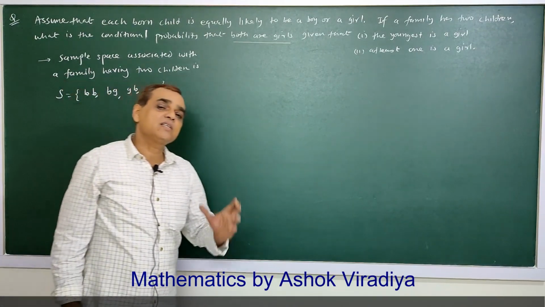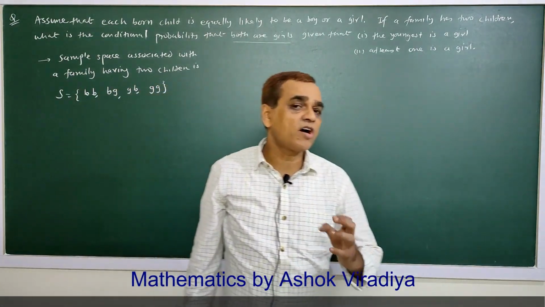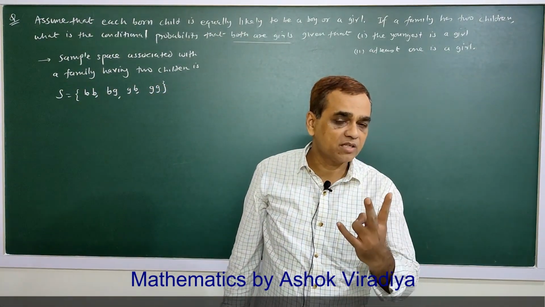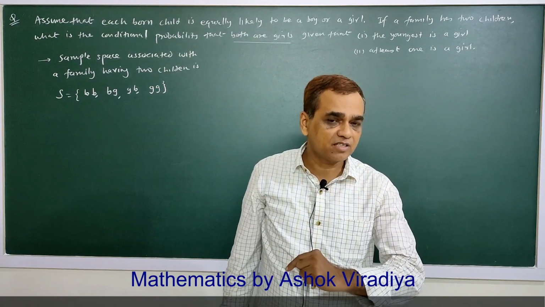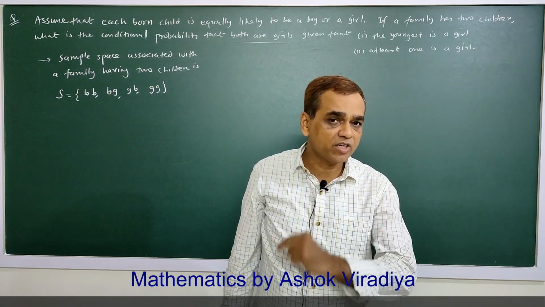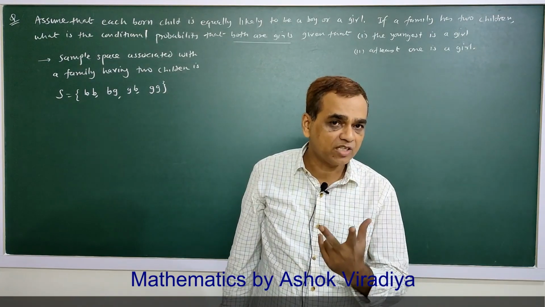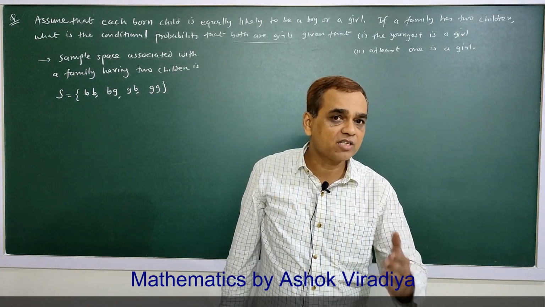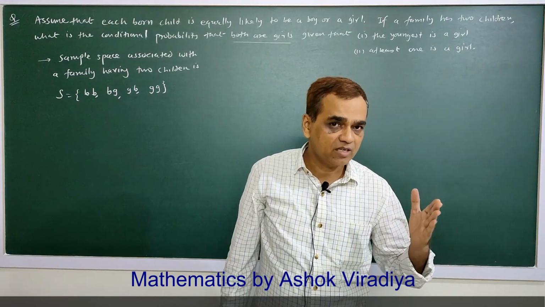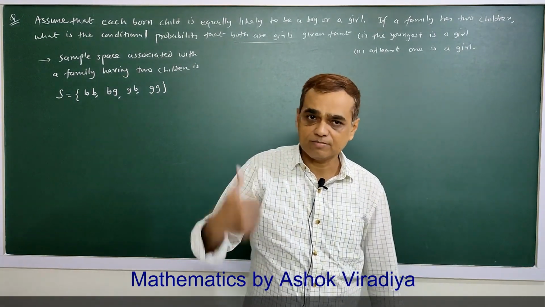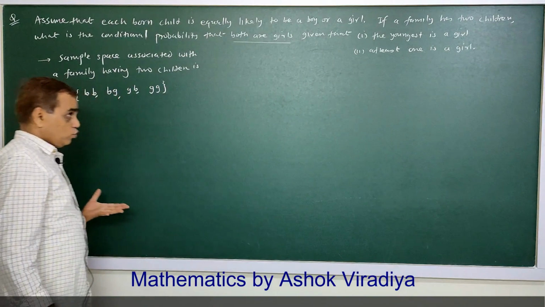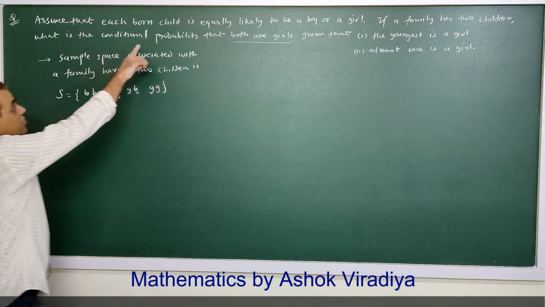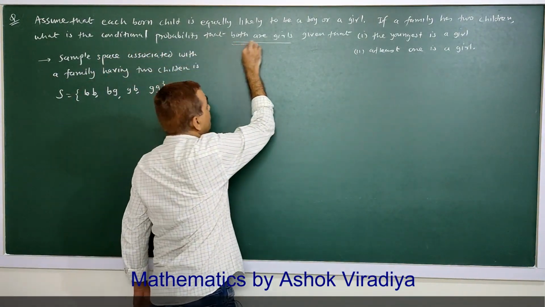So it is like when a coin is tossed 2 times, that was the story of tossing a coin 2 times. So only 2 possible outcomes on every toss, H or T. Here, boy or girl. Now we want the conditional probability of this event, both are girls.